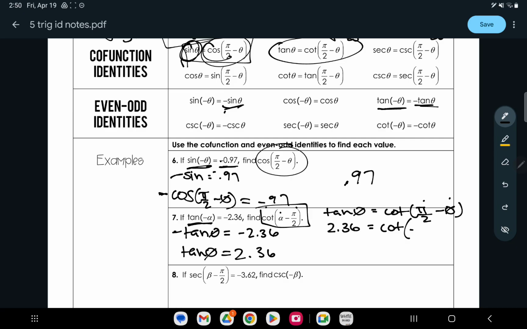But I have to factor out a negative here to get it to look in that form right here. Because this is what I want it to be.